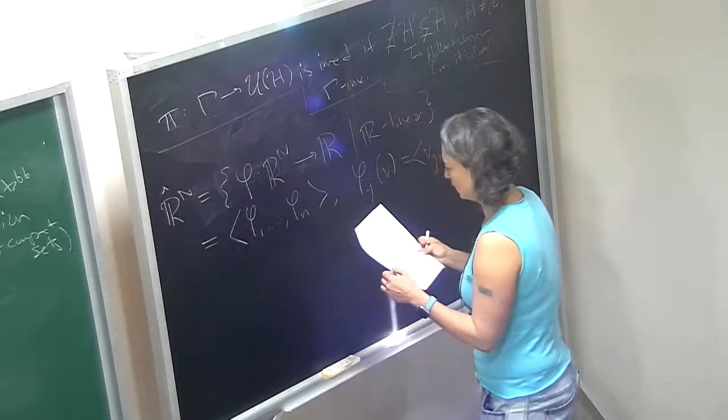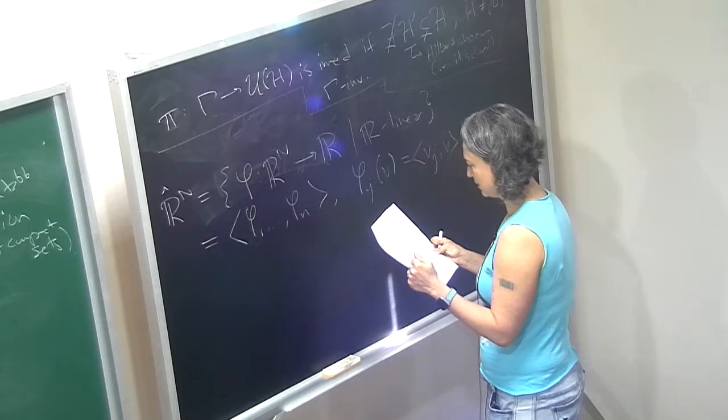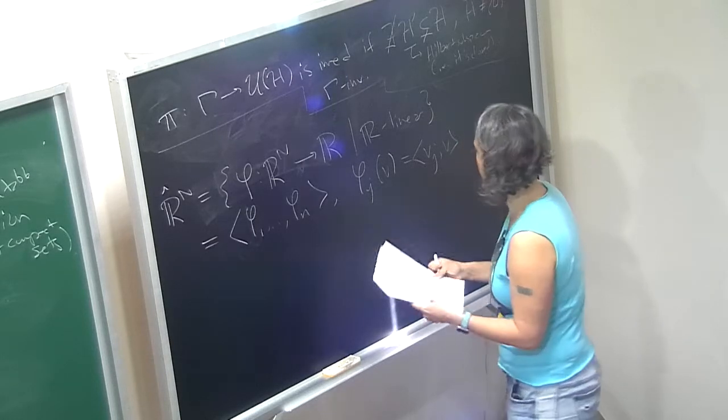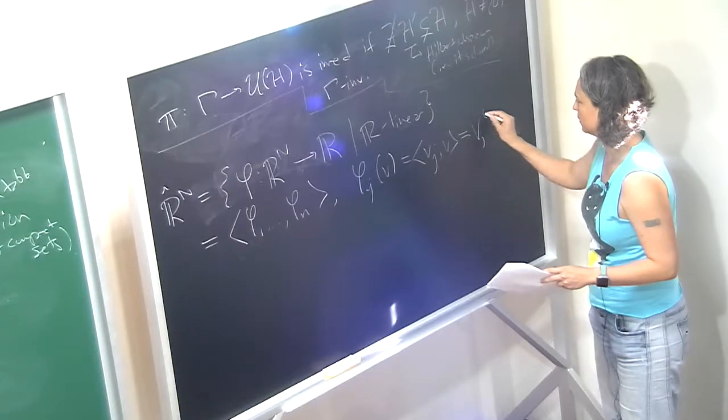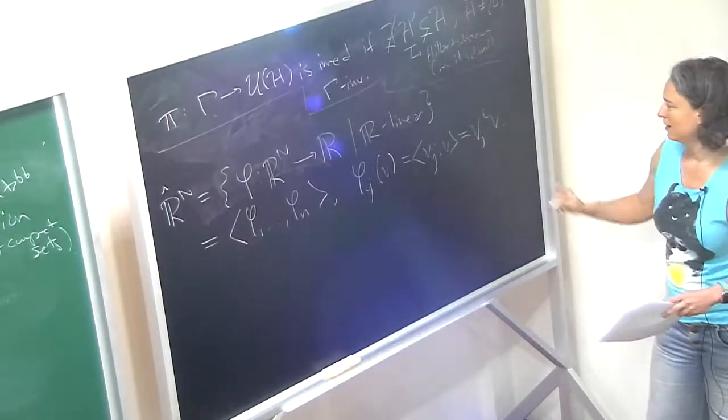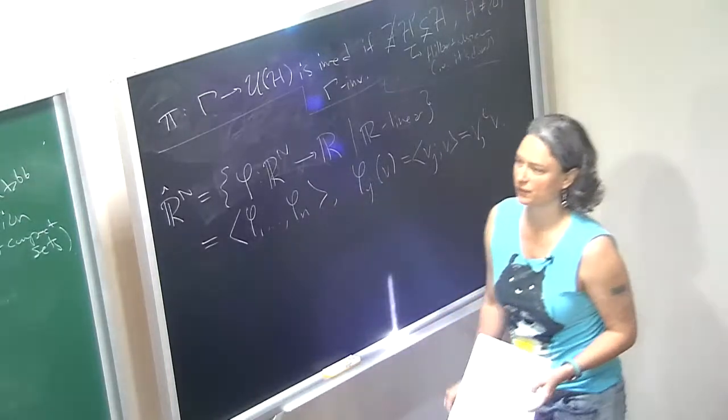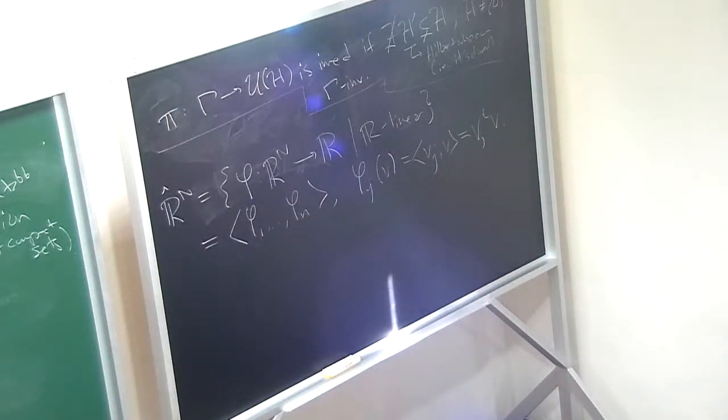Okay, so what am I going to do? Oh yeah, I want to tell you what this is. So my favorite inner product is this one. Okay, that's going to be relevant for understanding which representation I'm going to get when I'm looking at this.